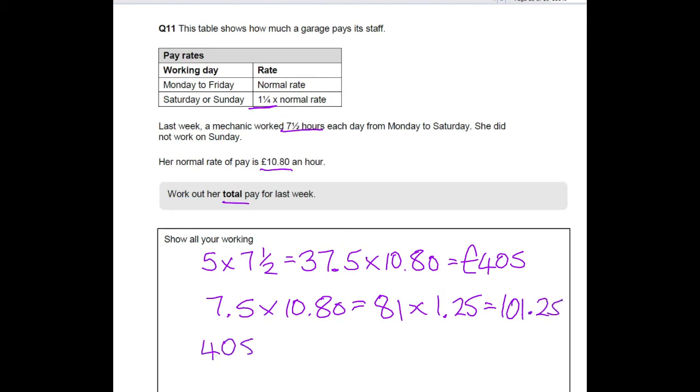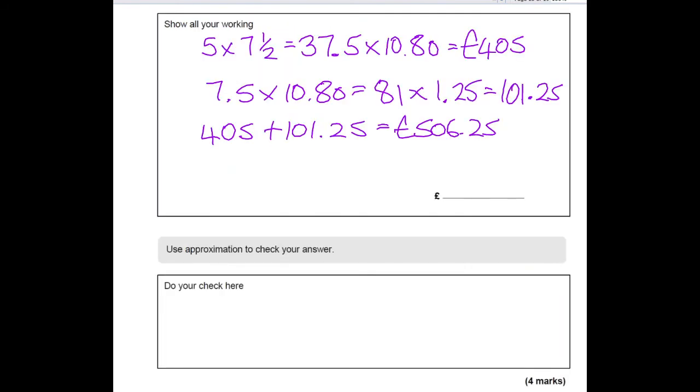So the total for that particular week, we add the two amounts, and she should receive pay of £506 and 25 pence. So on the answer line, £506 and 25 pence.